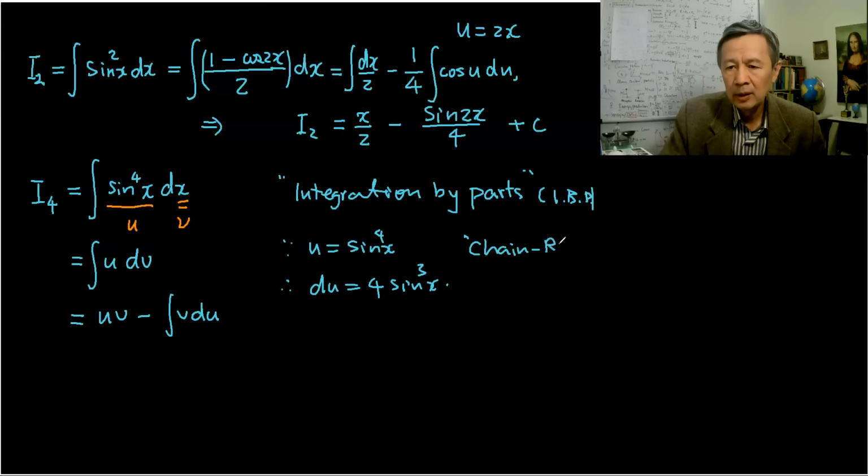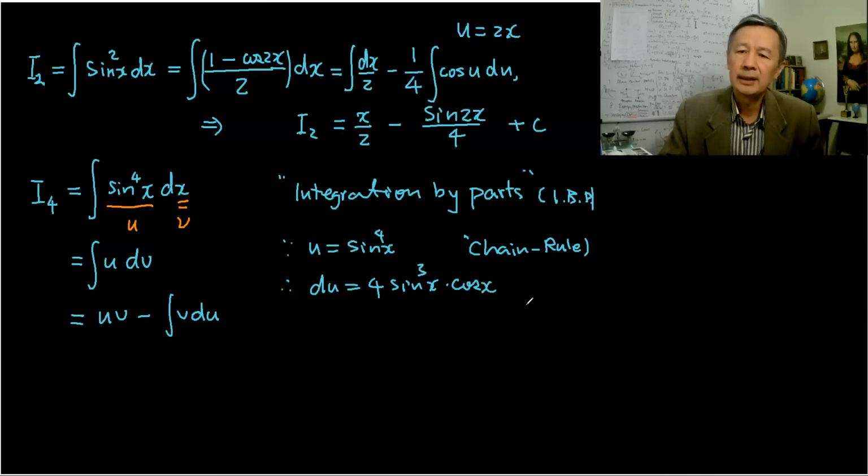The chain rule deals with the composite function. So after differentiating the power function, you apply the chain rule to differentiate sine x, which gives cosine x, and also the dx.